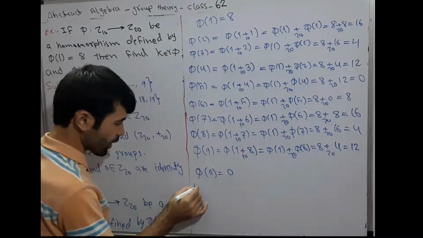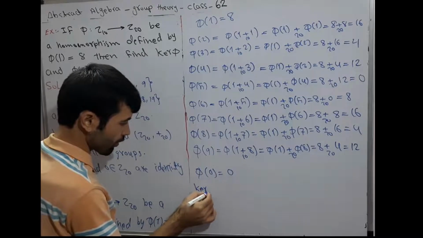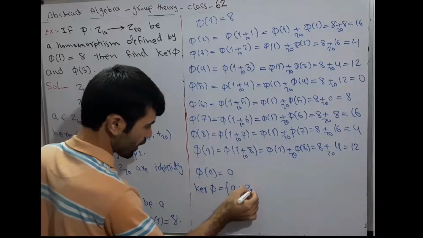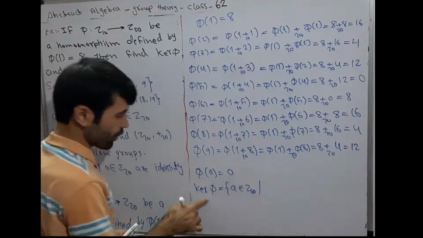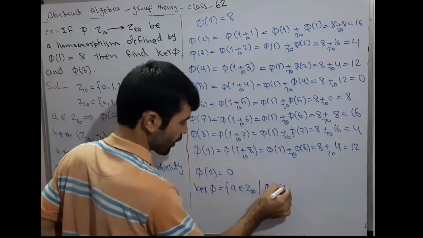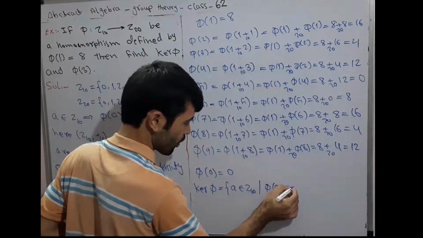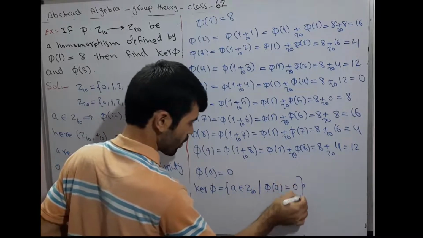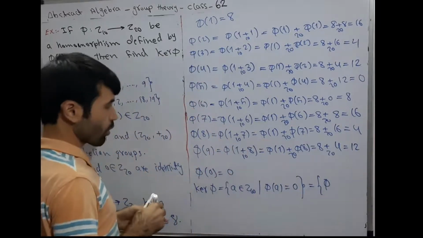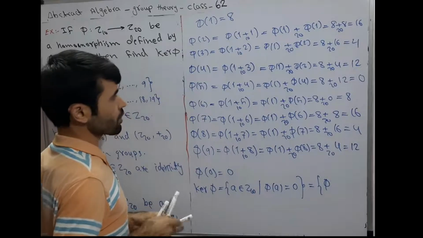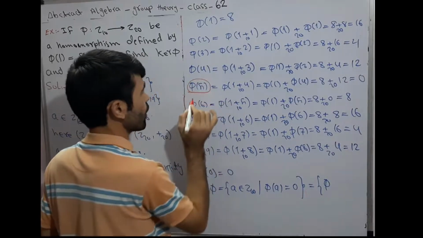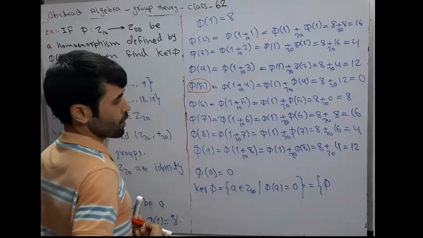Now we want to find kernel of phi. Kernel of phi is equal to the set of a belonging to Z10 such that, according to the definition of kernel, phi of a is equal to 0. Phi of which number is 0? Phi of 5 is equal to 0.